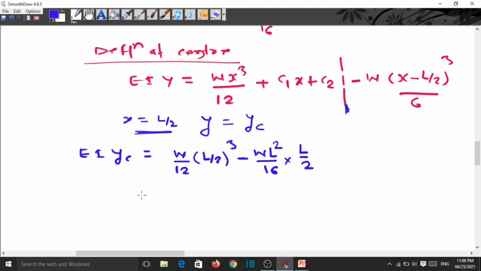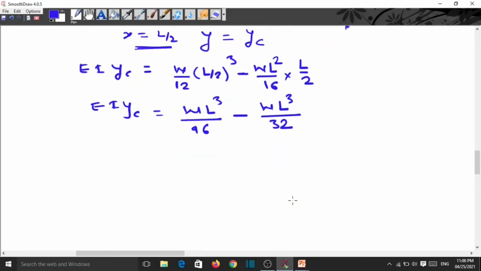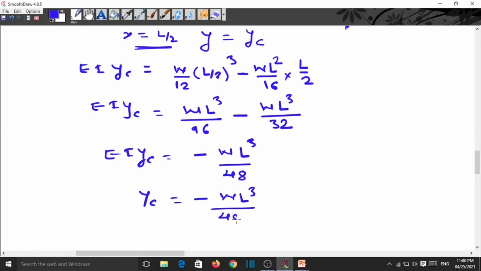Then EI yC is equal to WL cube by 96 minus WL cube by 32. So EI yC is equal to minus WL cube by 48. So yC is equal to minus WL cube by 48 EI.